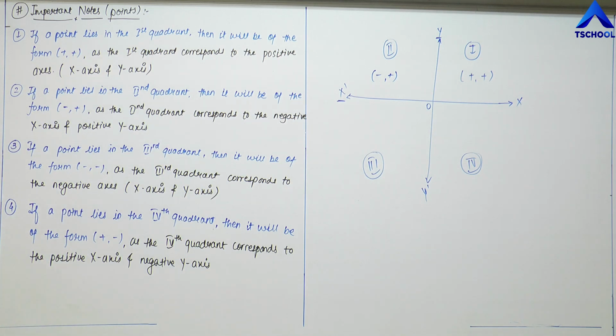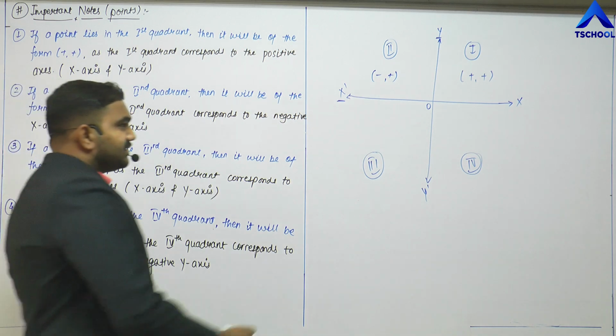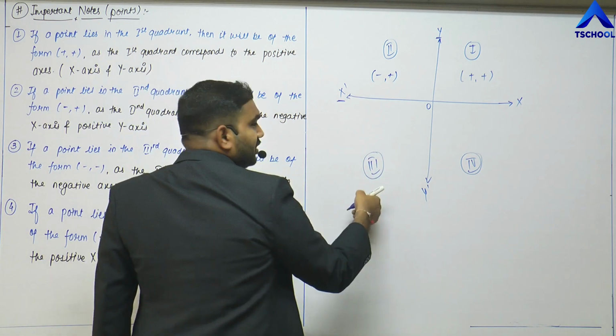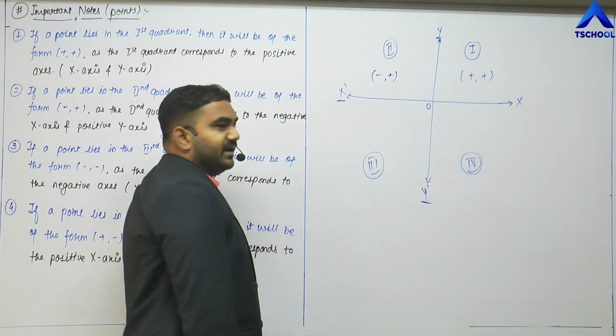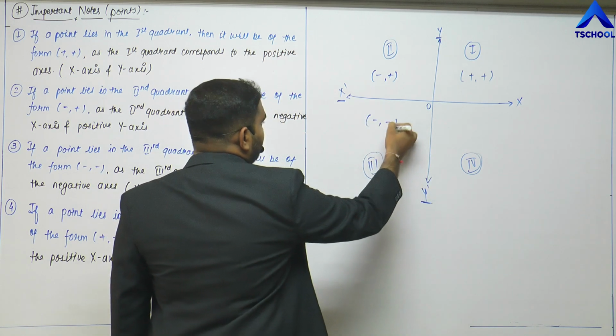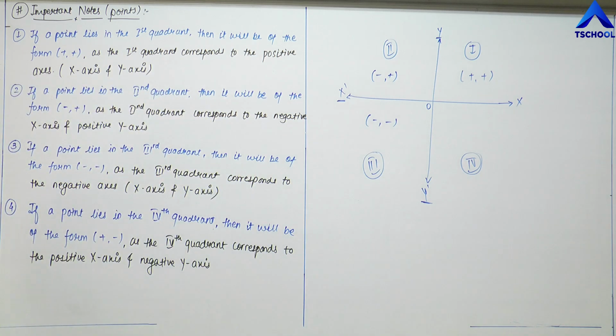Is it clear? Similarly, if a point is in the third quadrant, it will be of the form minus minus. Now let us look here. This is the third quadrant, made up of negative x-axis and negative y-axis. So you can say that both the coordinates of the point lying in the third quadrant will be minus minus.